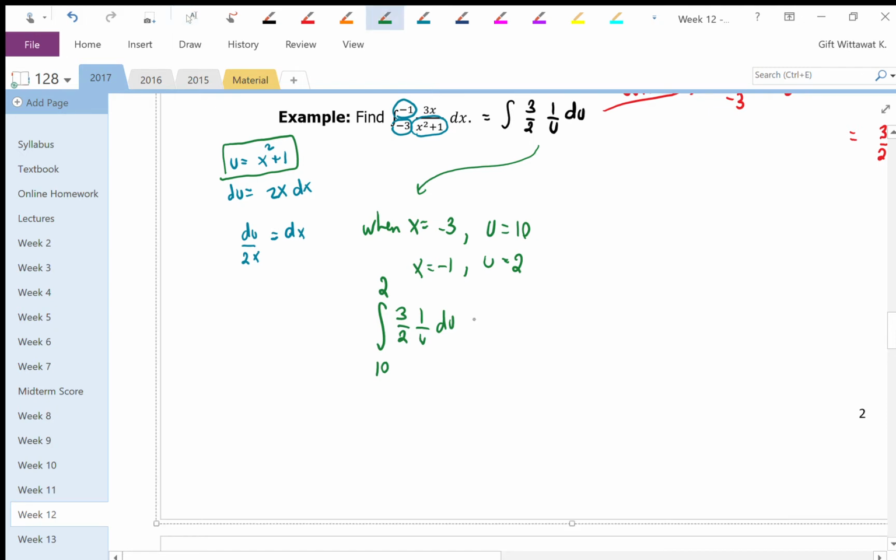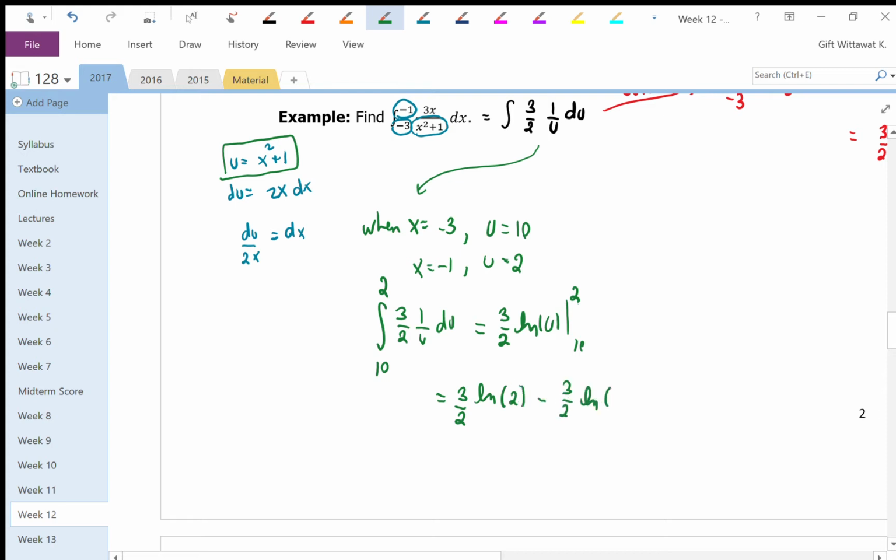Now I can take the integral. That's going to be 3/2 log of u, which goes from 10 to 2. Notice how 10 is bigger than 2, but that's okay. I'm still going to go by the rule. So that's going to be 3/2 log of 2 minus 3/2 log of 10.